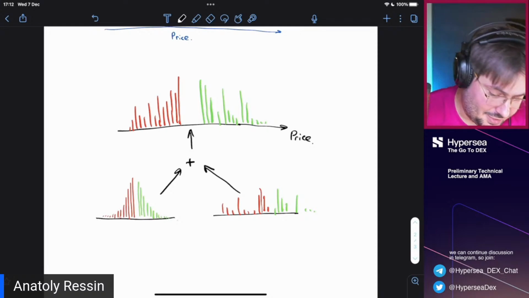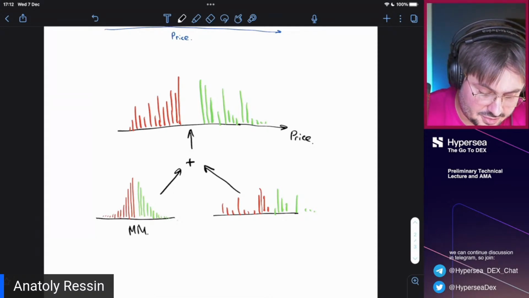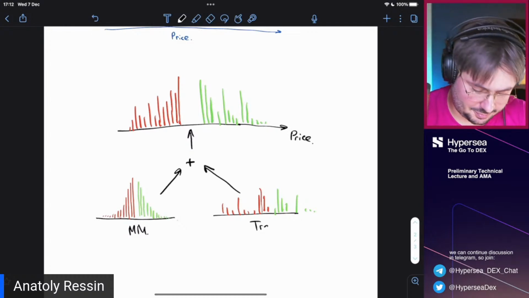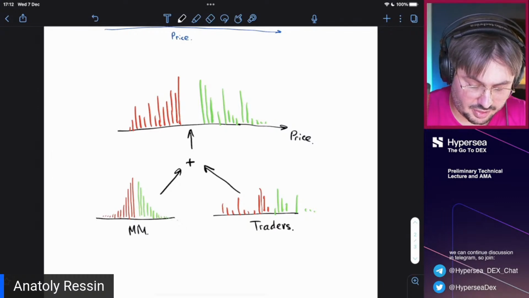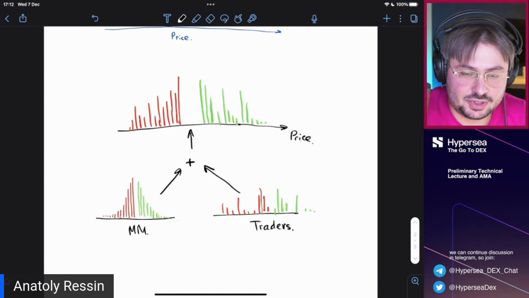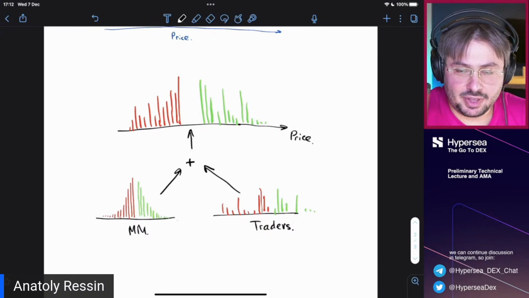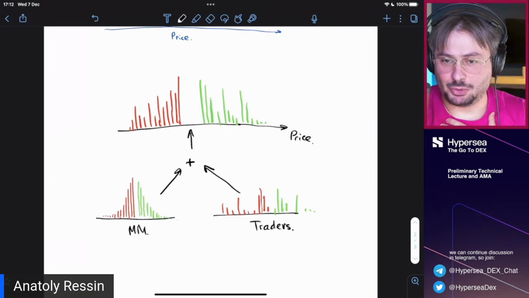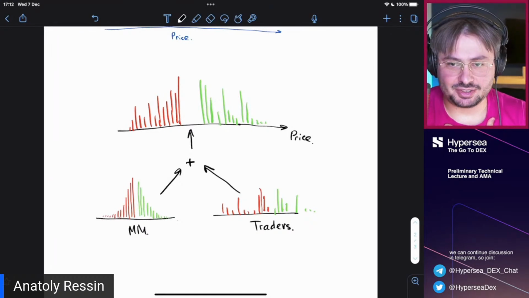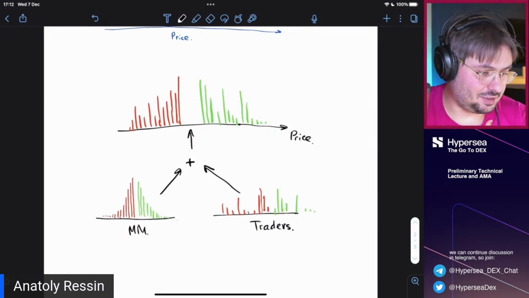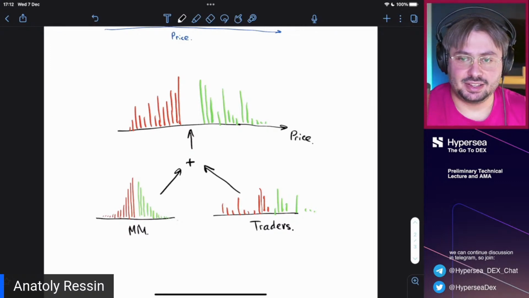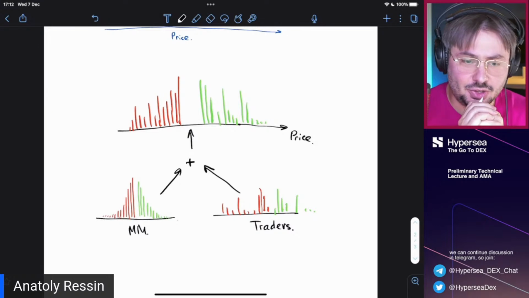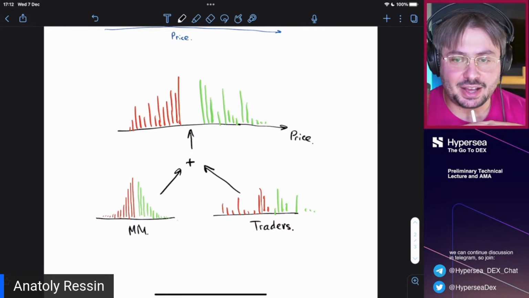But these are orders from market makers, and these are orders from ordinary traders that just can wait. And you see that market makers are not interested in purchasing or selling cryptocurrencies. They are interested in their strategies, how to sell and how to buy.